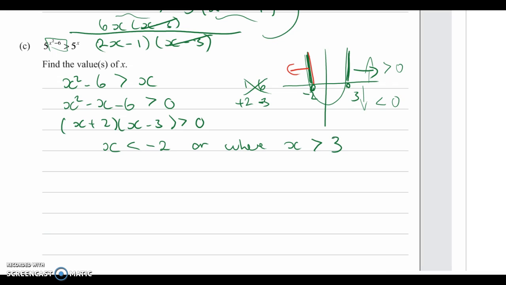Now there's no context here. I don't have to ignore any negatives. Well, actually, let's have a look. There's a little bit of context because we've got this over here. So if I had to say x was negative 2, remember if you've got anything to the power of a negative, it makes it smaller.